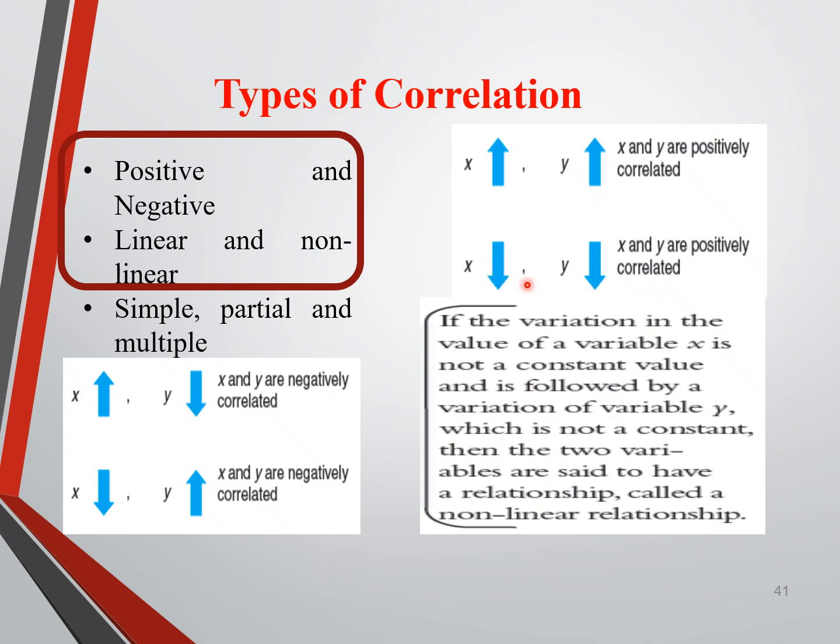If both move to the negative reduction side, it is also known as positively correlated. It means whether it increases or decreases does not decide the positivity or negativity. But if one variable increases and another decreases, where x is increasing and y is decreasing, it is known as negatively correlated.